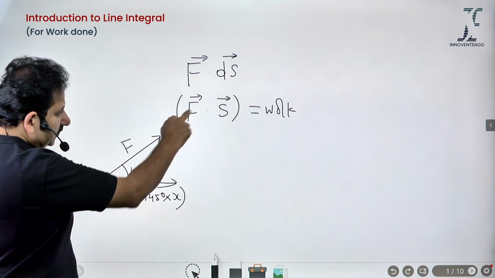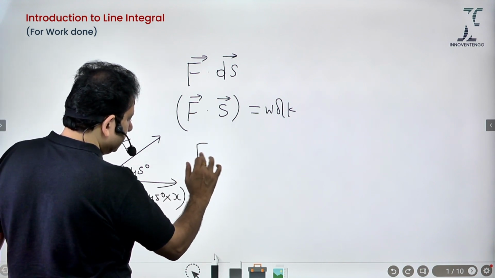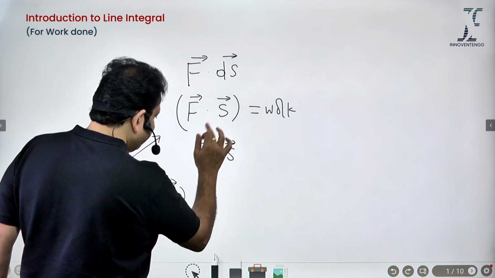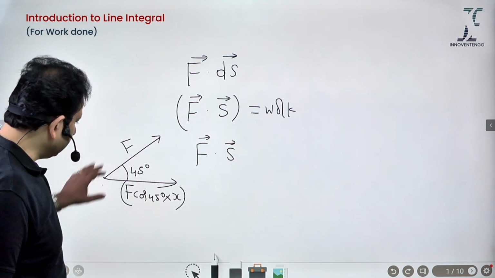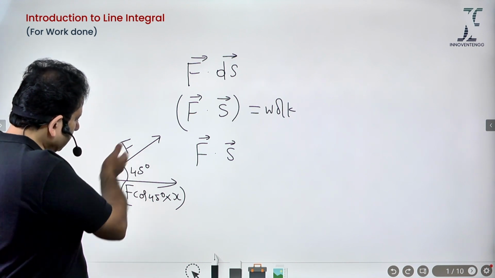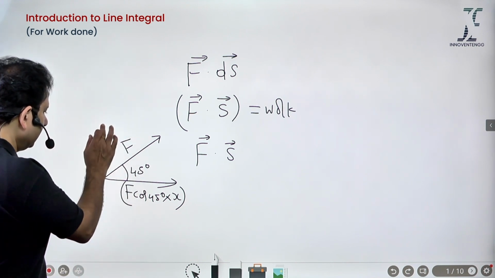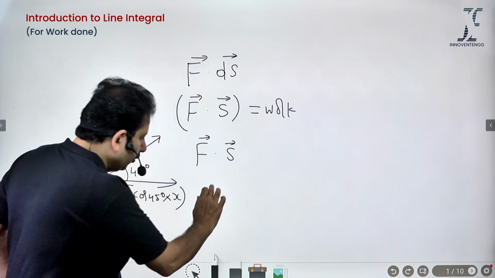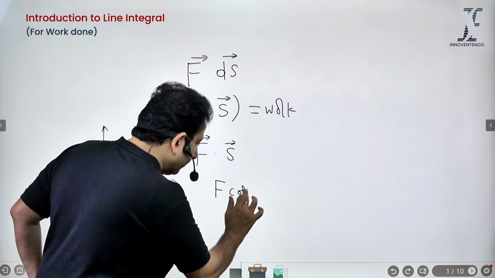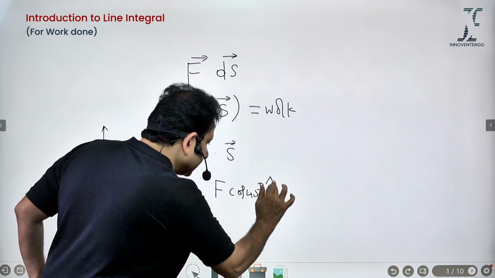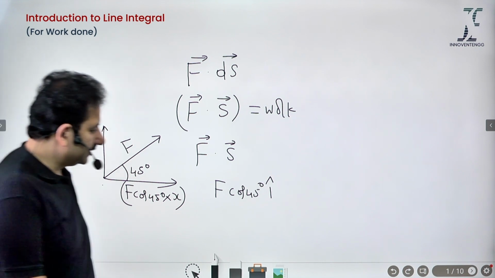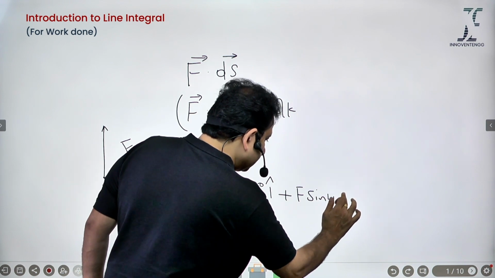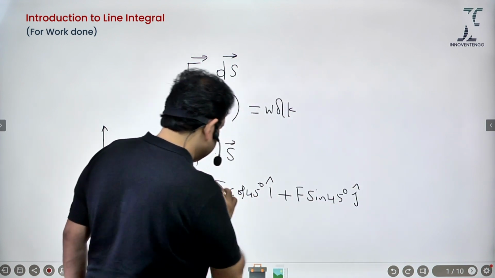So in other words, it is F dotted with S that will give me the work done. How do you re-represent this in the vectorial form? Because F is inclined to the x-axis, it is also inclined to the y-axis, and therefore F has two components: one along the i direction, F cos 45 in the i direction, and along the y-axis it has F sin 45, along the j direction.